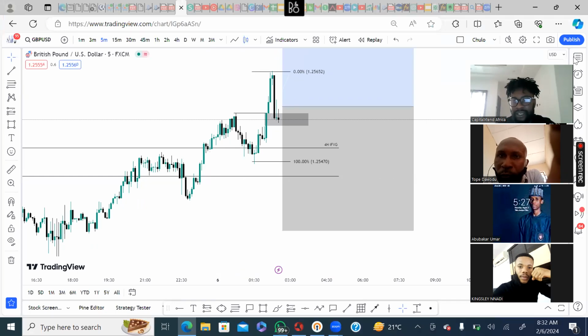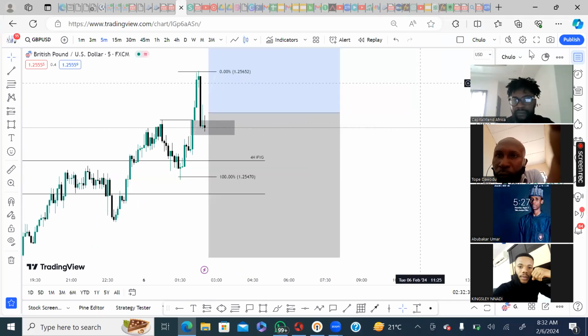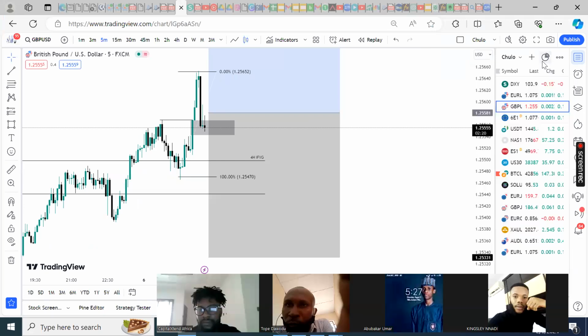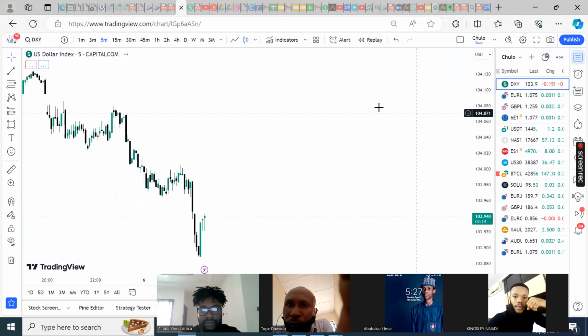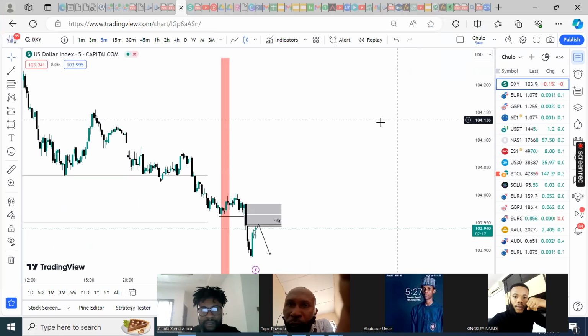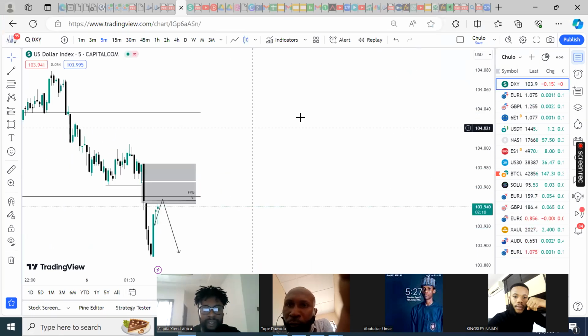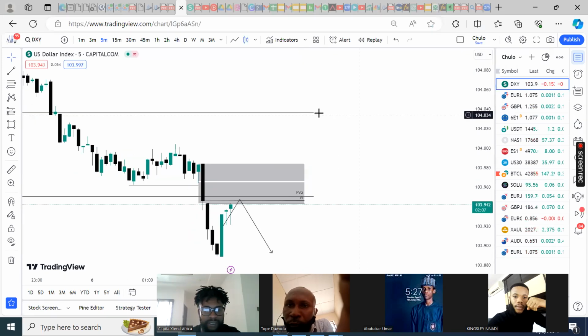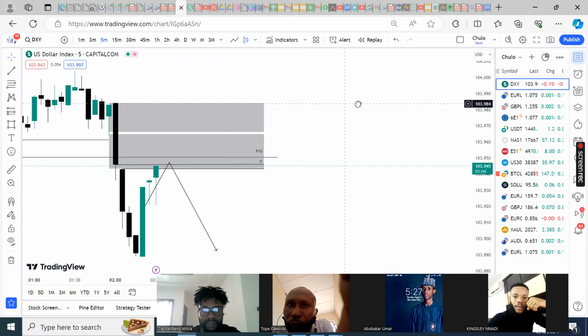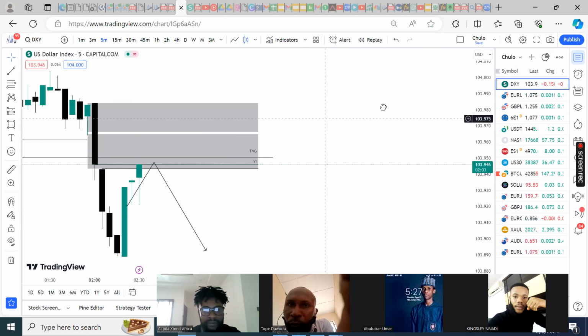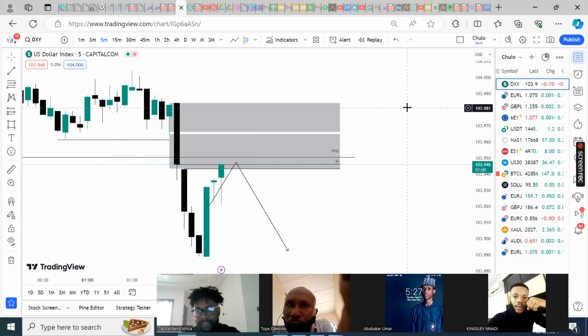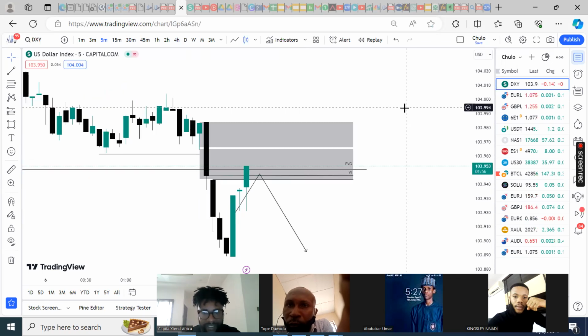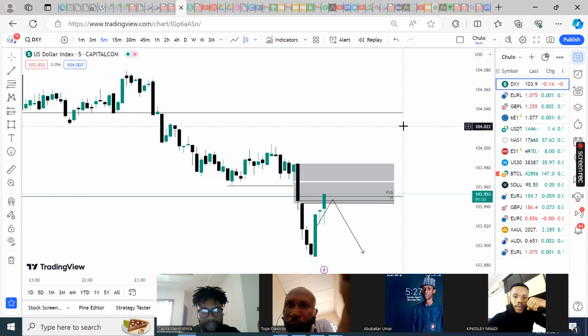So let's check the dollar index. Okay, dollar index coming back to the volume imbalance and to the fair value gap. So let's see. Everything is still on track.